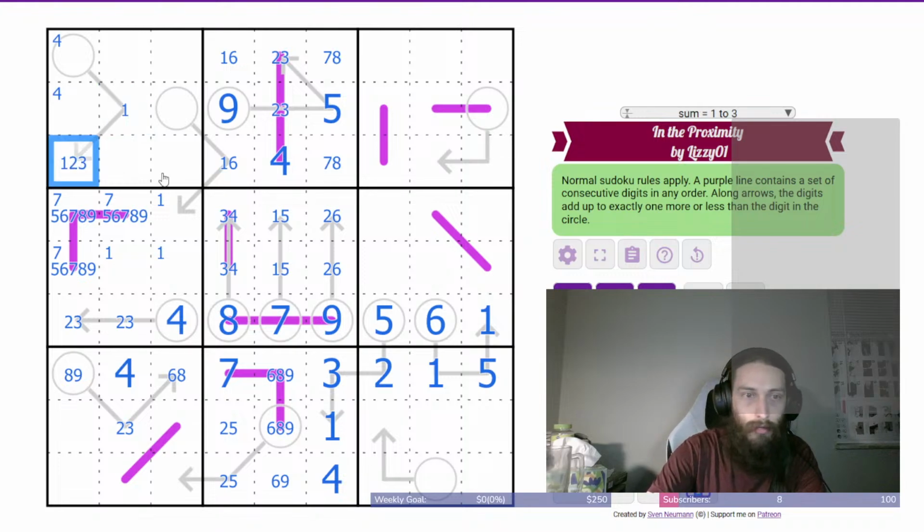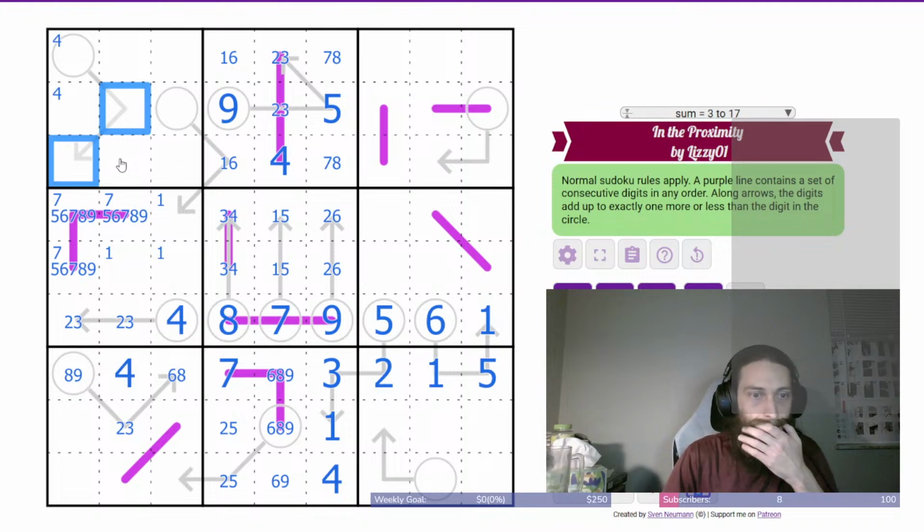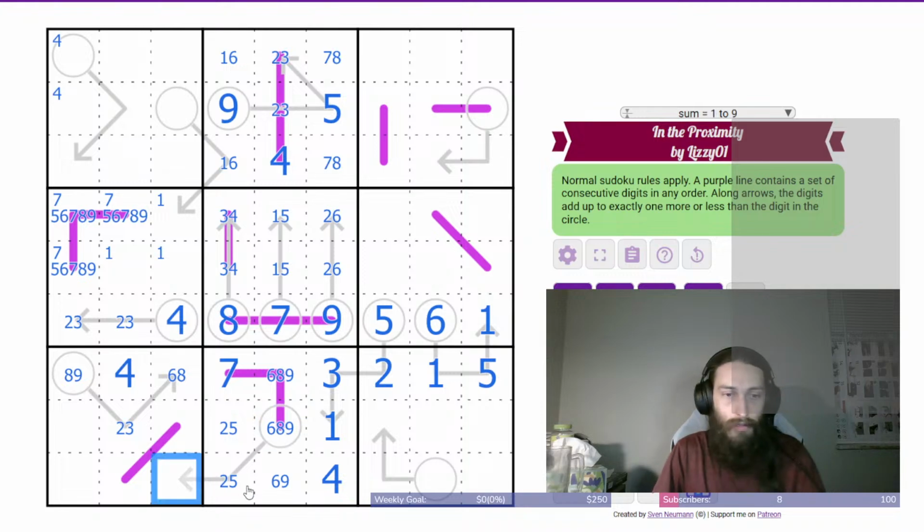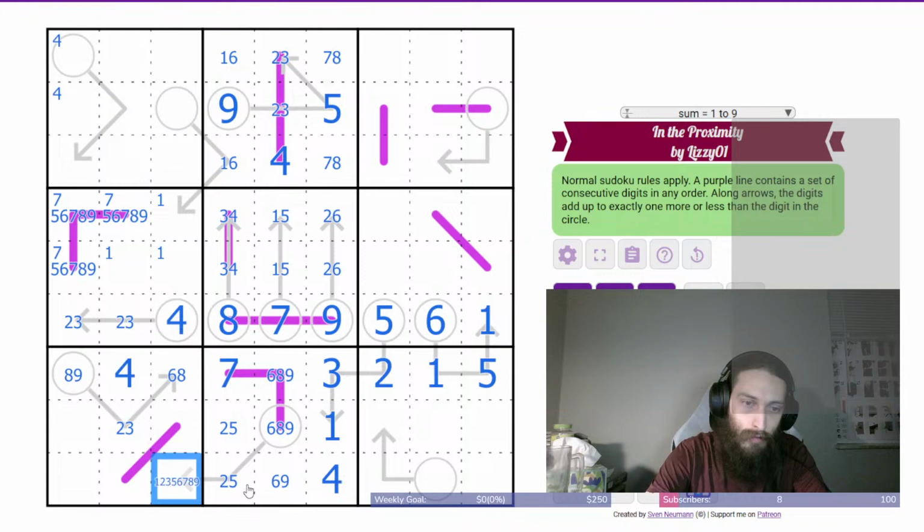So this would have to be 1, 2, which is possible at the moment. Okay. Can't be a 4. And 9 and 2 is 11, which is too many.